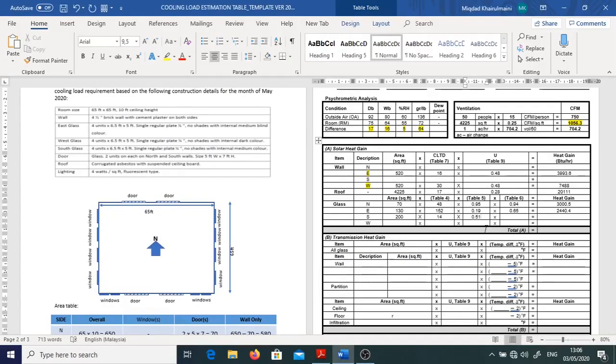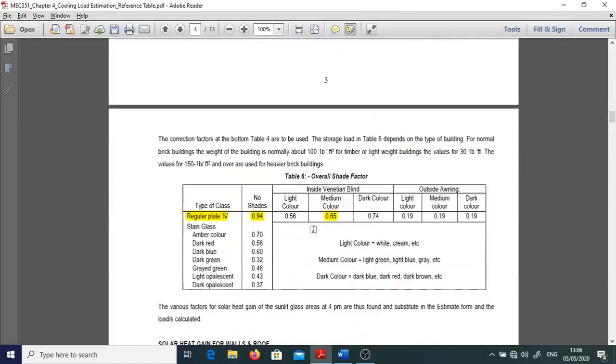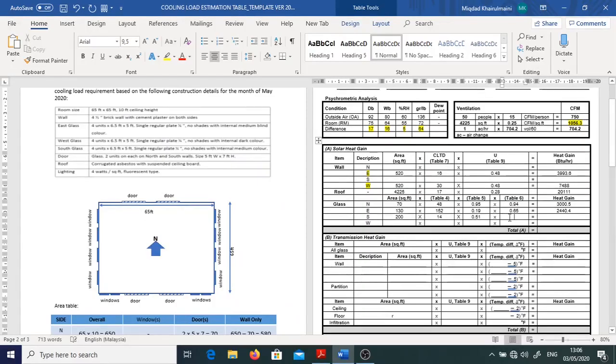And then we look at table 6. Same type of glass, regular plate, quarter inch, medium color blind, 0.65. So we can get the answer here.